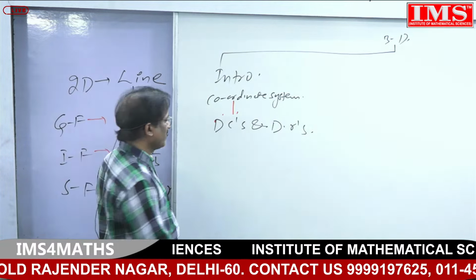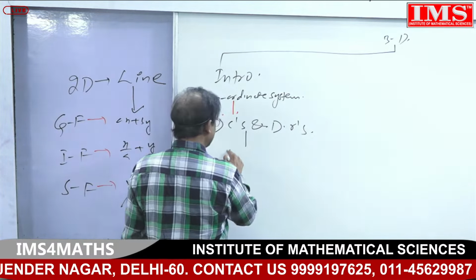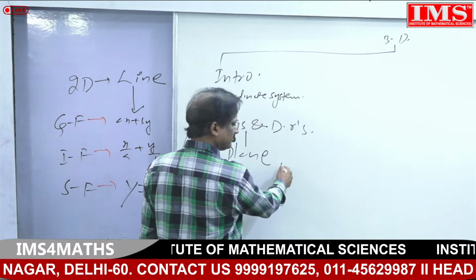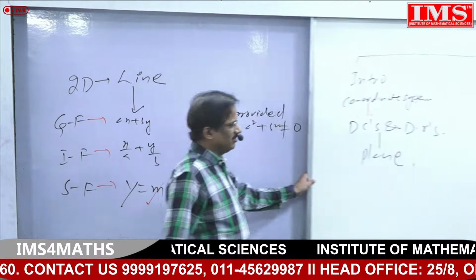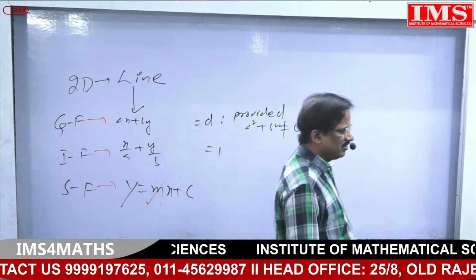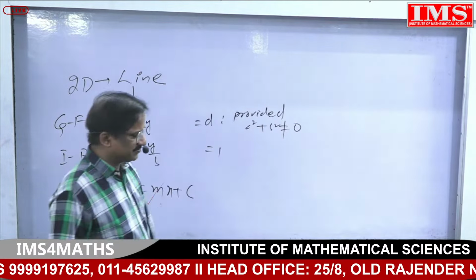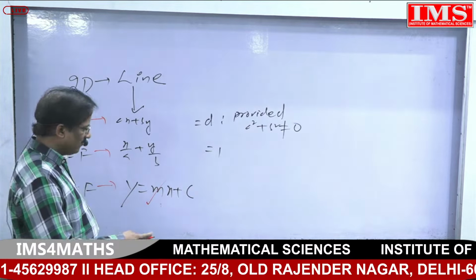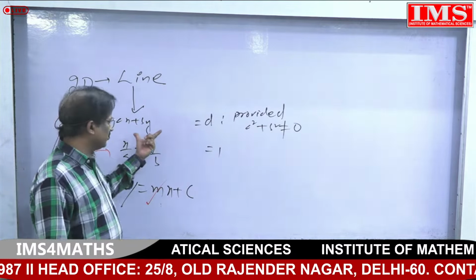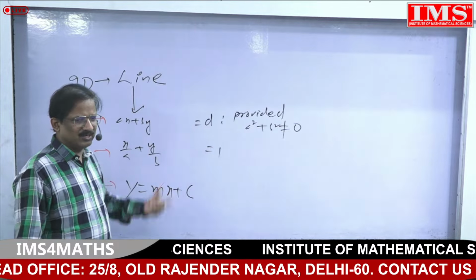Then I'll go to the plane chapter. But I just told an idea, keep it carefully in mind. A line in 2D refers to how many axes? 2 axes.